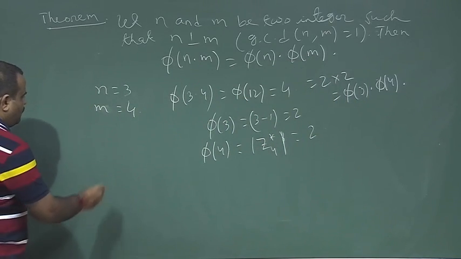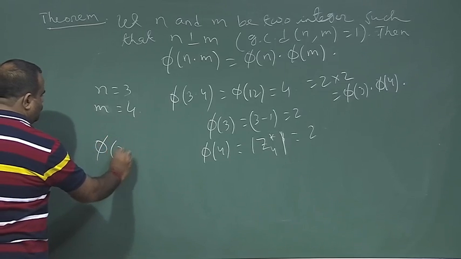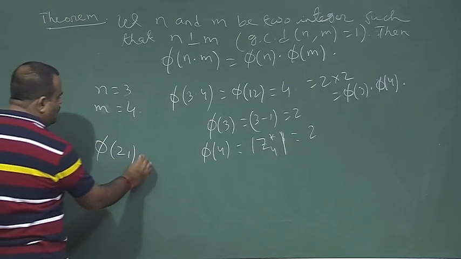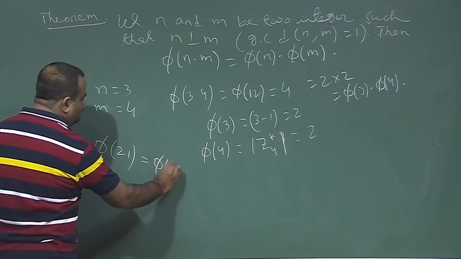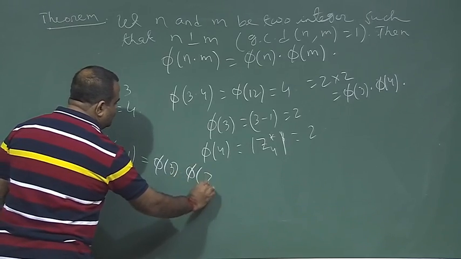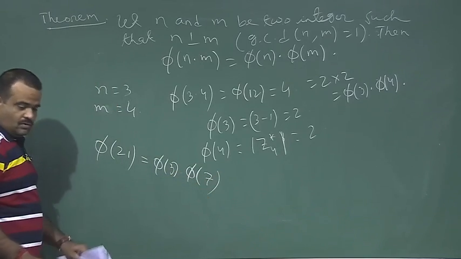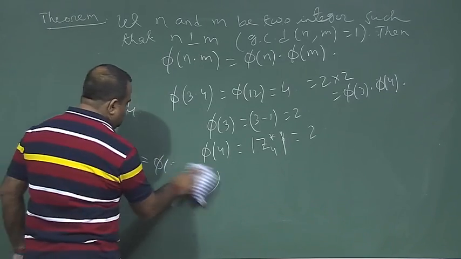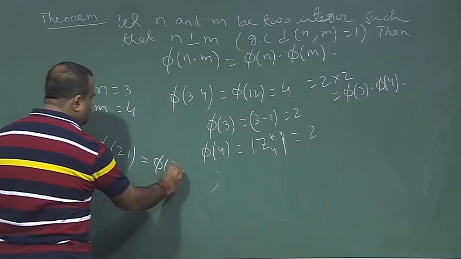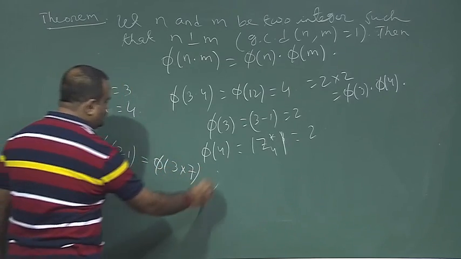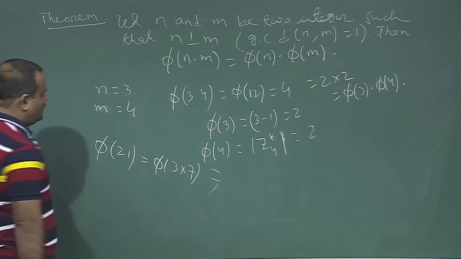Again, how do we find phi 21? Phi 21 is basically phi 3 into phi 7, since 7 and 3 are relatively prime.